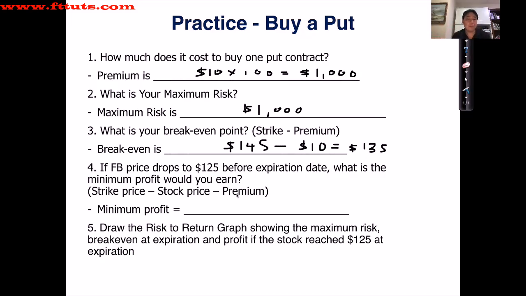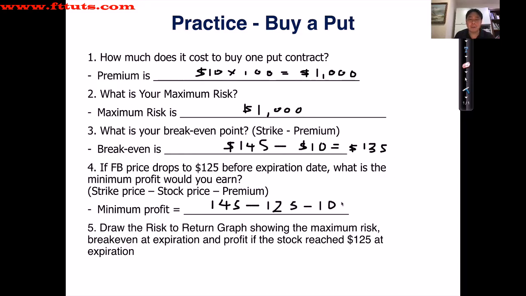Next, if Facebook drops to 125 before expiration date, what's the minimum profit you would earn? All right, so the answer would be the strike price minus the stop price minus the premium. So again, the strike price is 145, and the stop price in this case is 125, and the premium is $10.